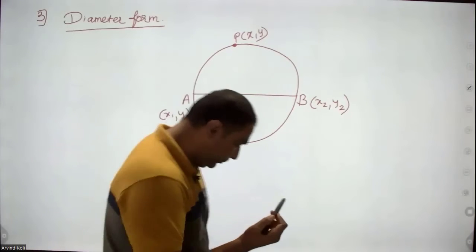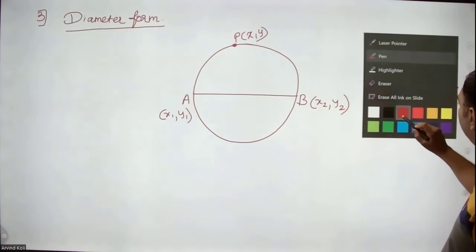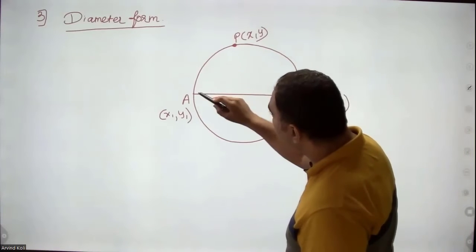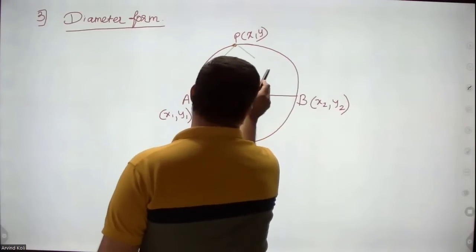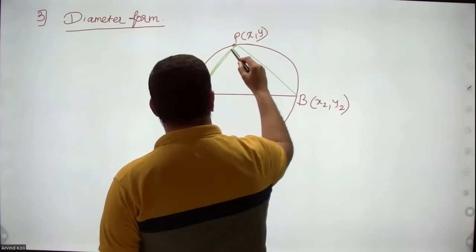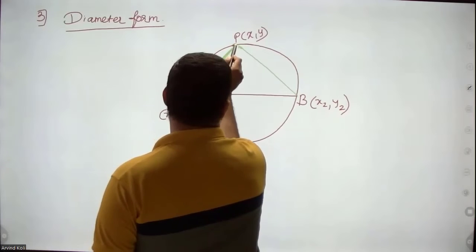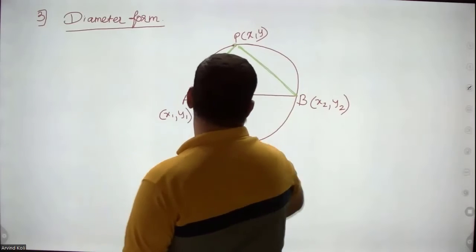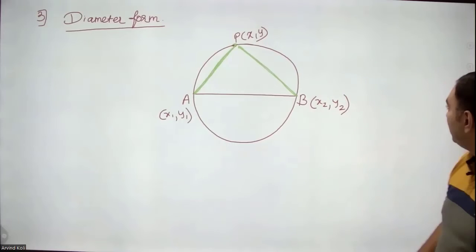Now, students, what do we do? Let us join points P and A, as well as P and B. Somebody tell me, when you look at this figure, what comes to our mind?